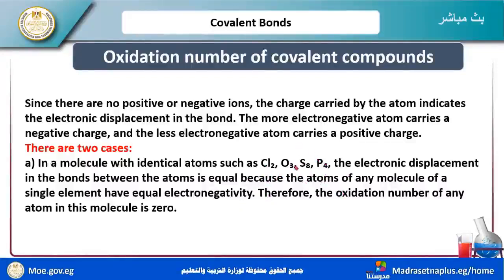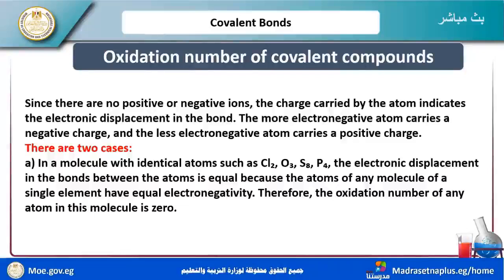These molecules have the same electronegativity in their components. Therefore, the oxidation number of chlorine is 0, ozone is 0, sulfur in vapor state is 0, phosphorus in vapor state is 0, because no atom has an oxidation number in a molecule like in pure covalent bonds. And next term we will explain the types of bonds.